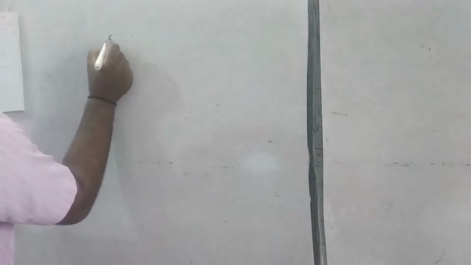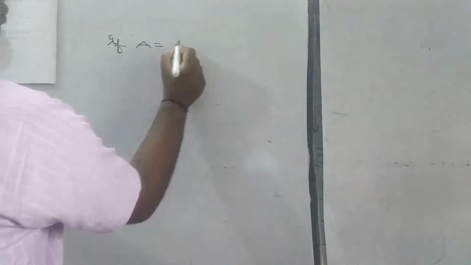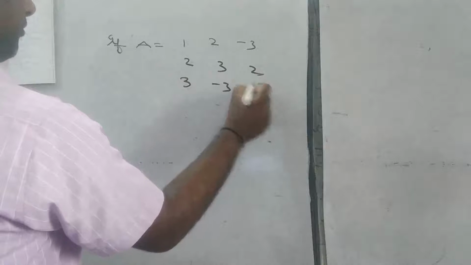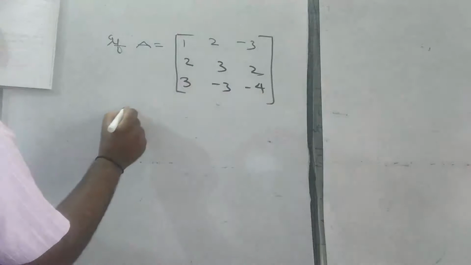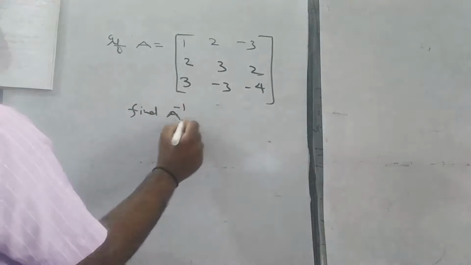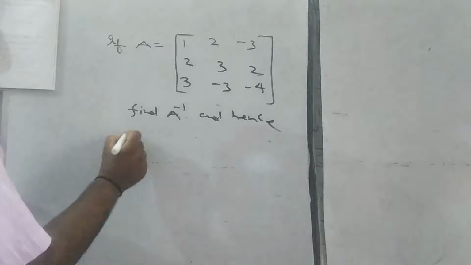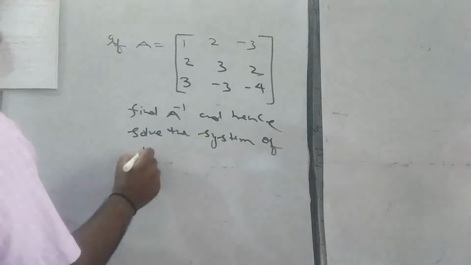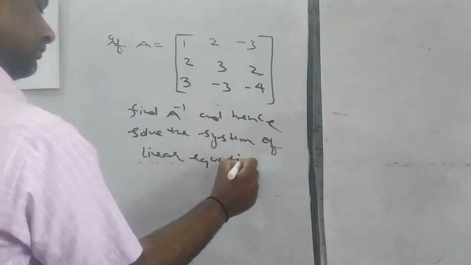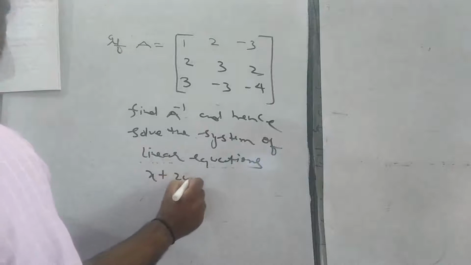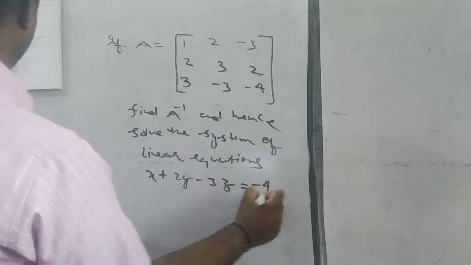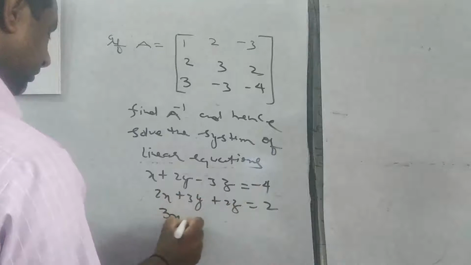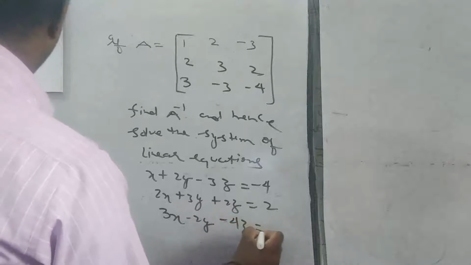The question is given like this: if A is equal to [1, 2, minus 3; 2, 3, 2; 3, minus 3, minus 4], find A inverse and hence solve the system of linear equations x plus 2y minus 3z is equal to minus 4, 2x plus 3y plus 2z is equal to 2, 3x minus 3y minus 4z is equal to 11.